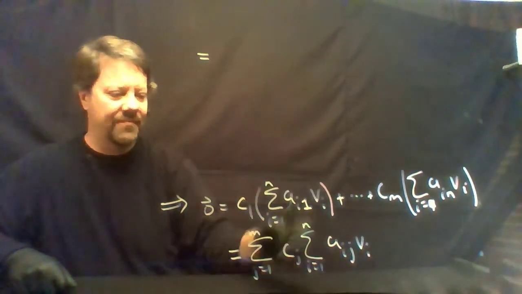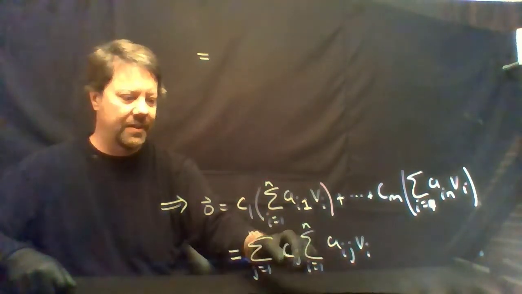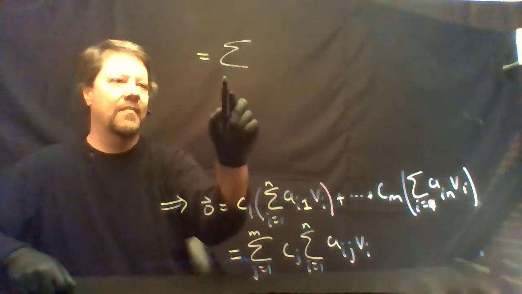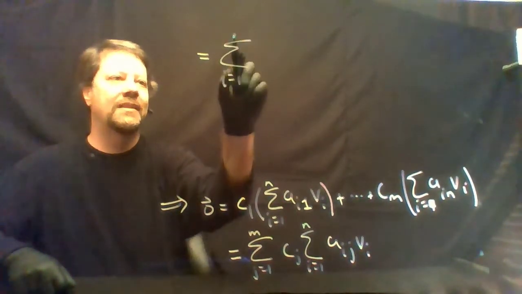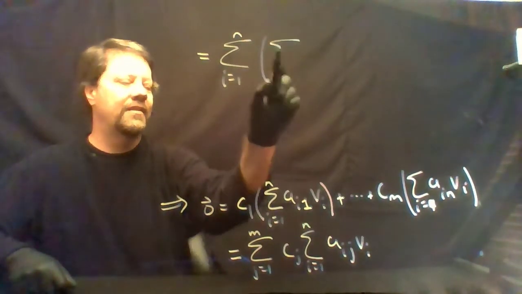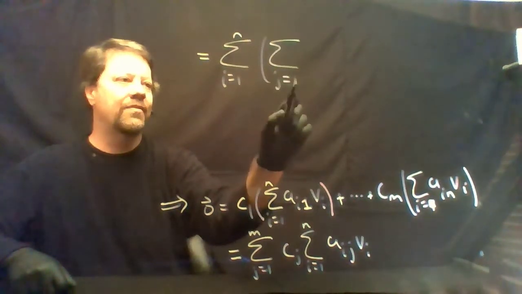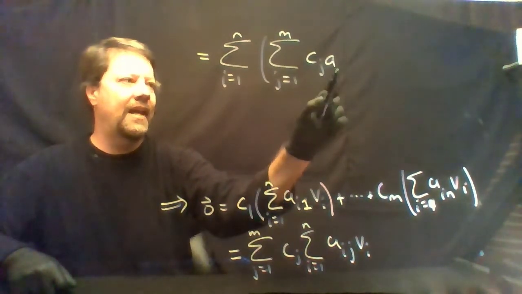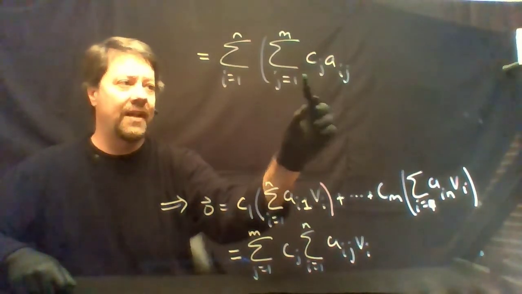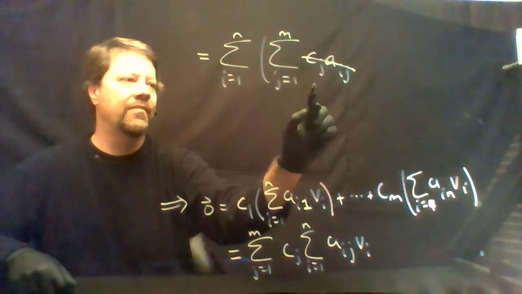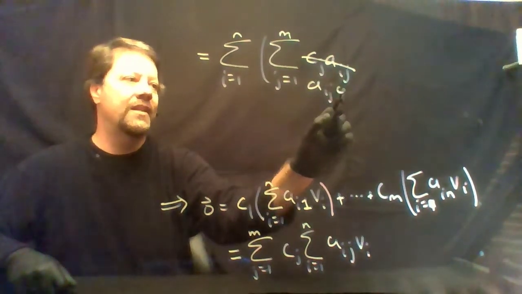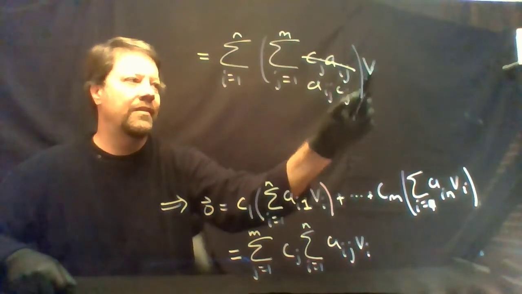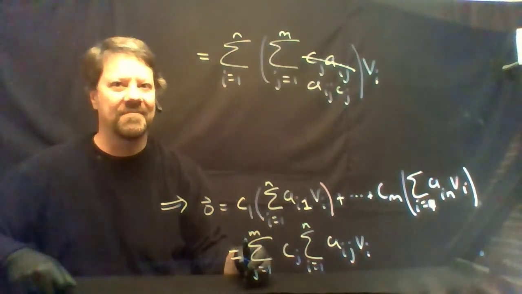This gives us, interchanging the sums and distributing the Cj's, the sum as i goes from 1 to n of the sum as j goes from 1 to m of Cj Aij. We might write this in the reverse order, Aij Cj, because then it's proper matrix multiplication, times vi.